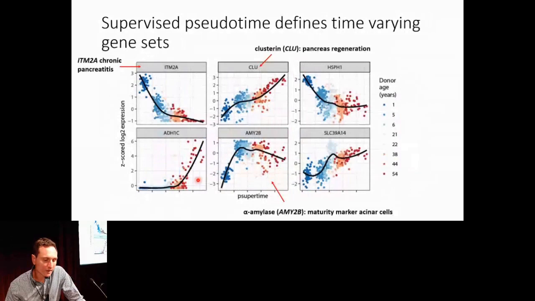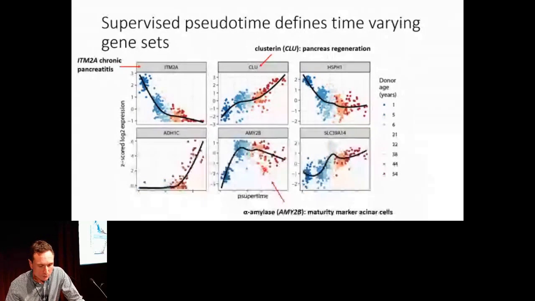And now you can go ahead and analyze which kind of genes are actually important to perform this ordinal logistic regression. So you investigate which of the genes get weights in the parameter vector. And here you see the 6 most important genes, the 6 genes that get the highest weight. And there you see a few usual suspects that make a lot of sense in the context of analyzing the maturation of acinar cells.